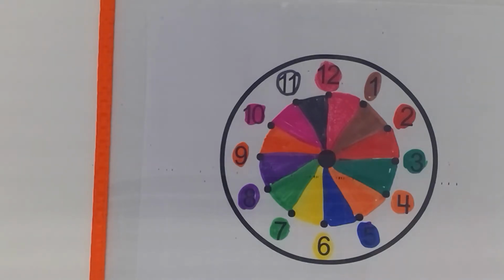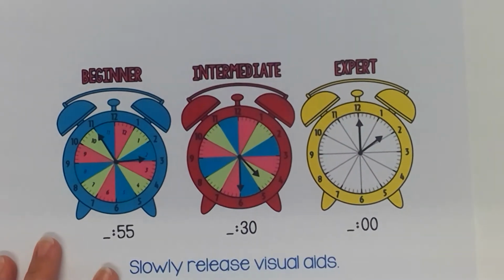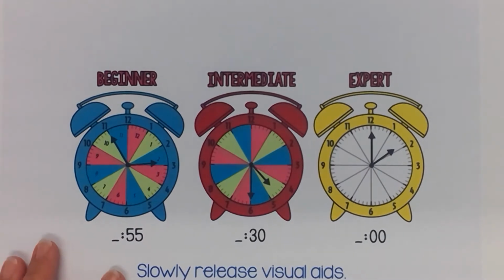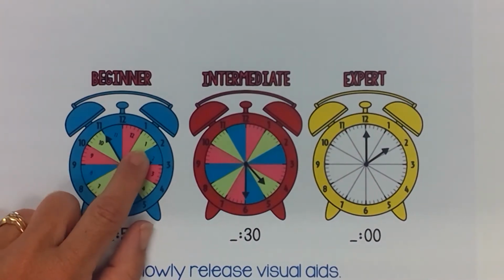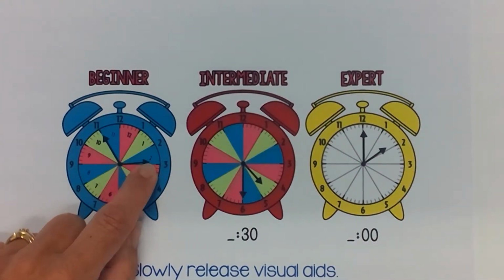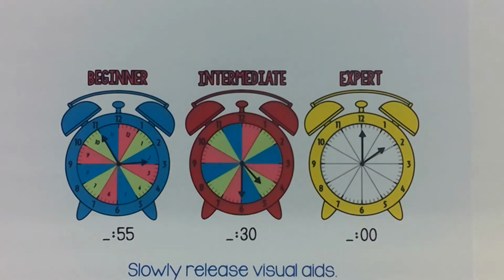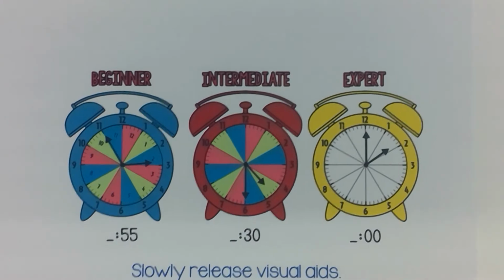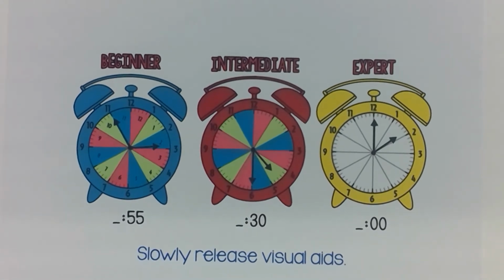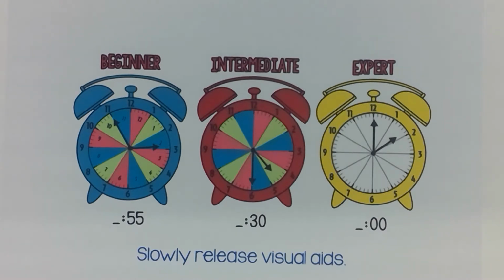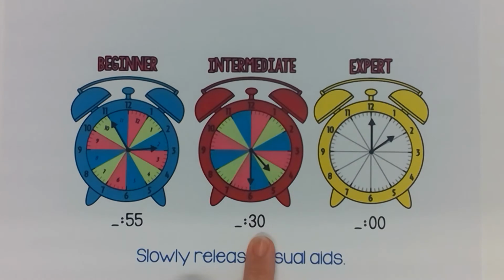1 o'clock hour. Back to this page here, it's just showing you how you can slowly release, instead of having the hours written in the spaces here, they're taken away, and then here the color is actually being taken away. When you're introducing telling times with this clock first, and you're spending time just talking about the hour hand, it is perfectly fine for the teacher to go ahead and tell the students what the minutes are.